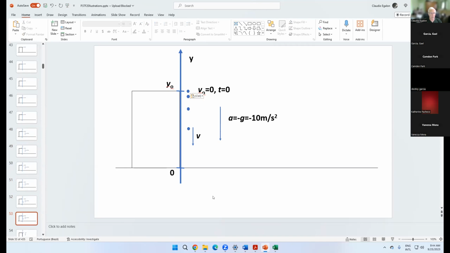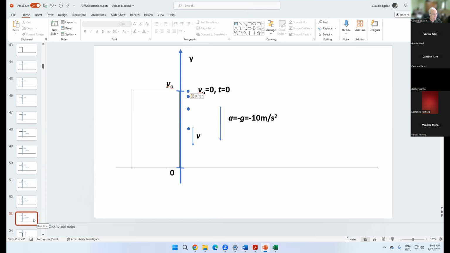Downwards, the distance increases. But if you have the case of a particle being initially propelled upwards, the distance is going to decrease, right? Because the speed of the particle is going to decrease. The acceleration is downwards, but the velocity is going to be upwards.